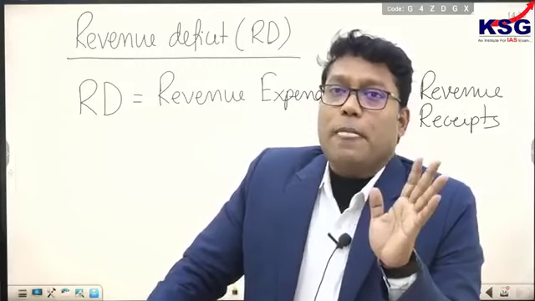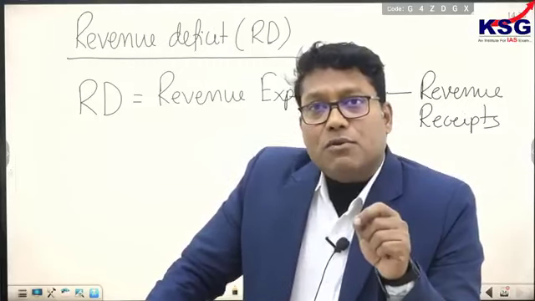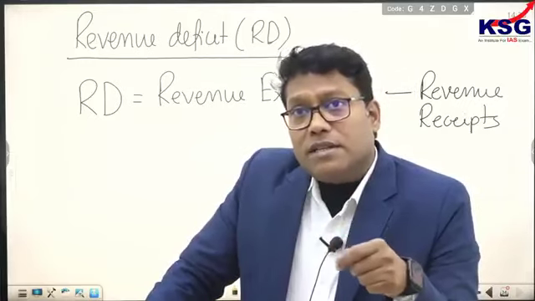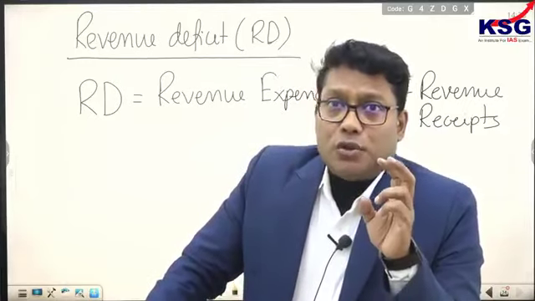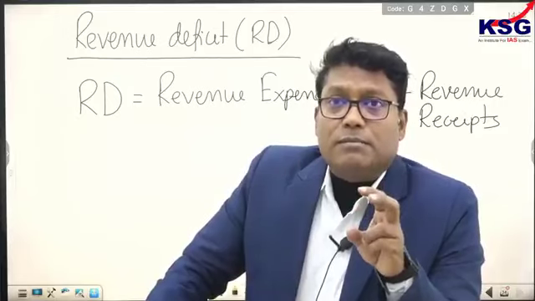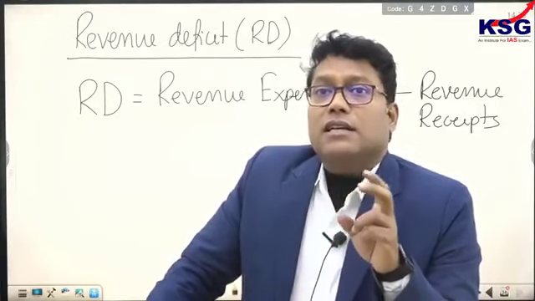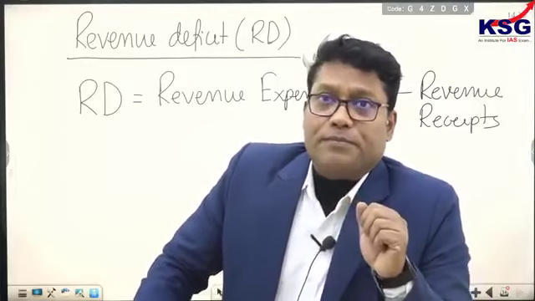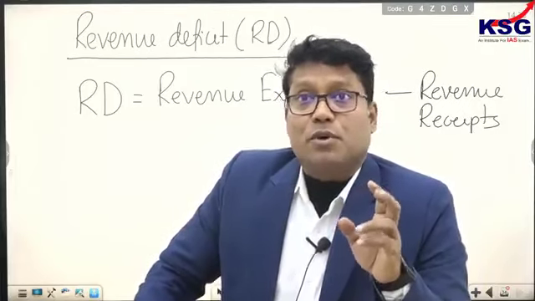You can say no. Has this amount increased your liabilities? You can say no. So income, what you are earning, is basically equivalent to the concept of revenue receipts of the government.